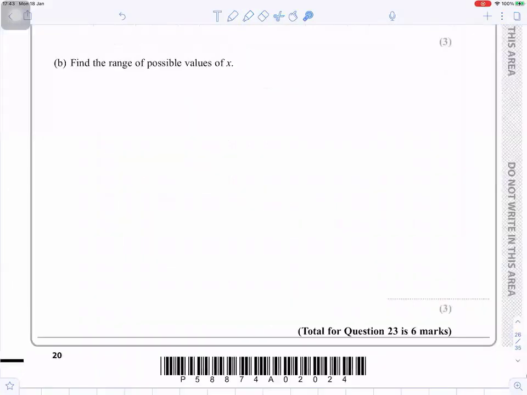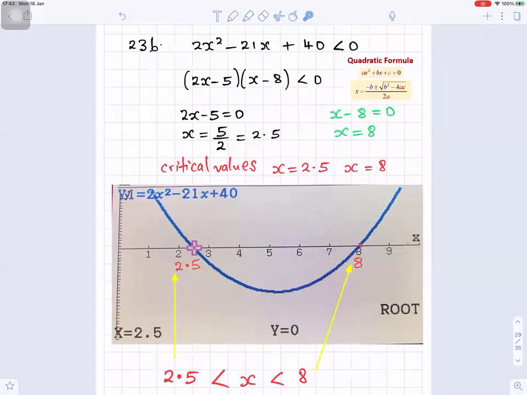And part B, find the range of possible values of x. To find the range of possible values of x, we need to solve that quadratic. We can use the quadratic formula, which I've put on the top right there, or you can factorize it. When you factorize it, you will get (2x minus 5)(x minus 8) is less than 0.